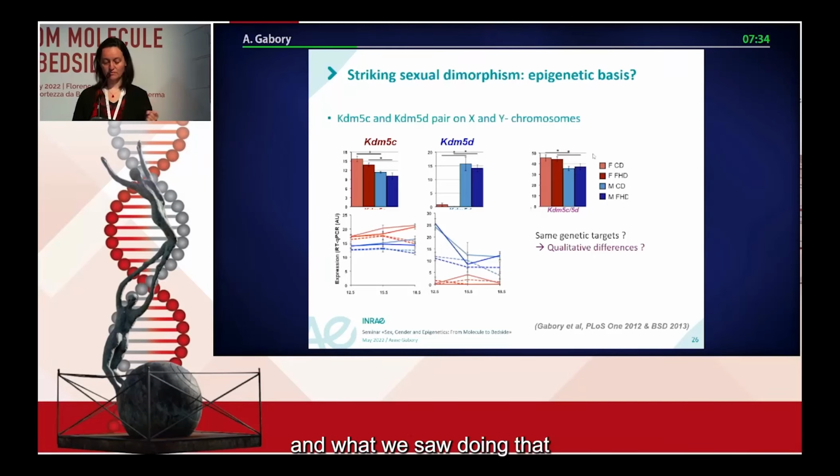And what we saw doing that is that when you study the quantity of both transcripts at the same time, there is still more transcript in female than in male, which means that even if they have the same targets, there is still a difference in expression between the sexes. So the next question would be, are there quantitative differences in H3K4 trimethylation between sexes in the placenta? And that's something we are doing actually.